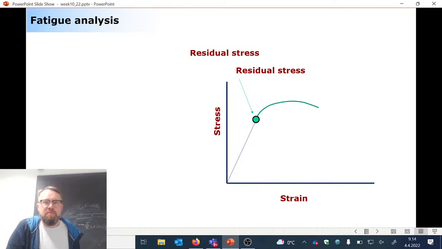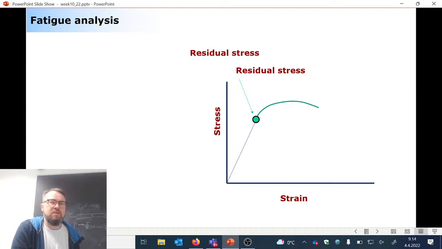Another problem, an equally severe problem associated with welded structures, is the fact that the welding process introduces an awful lot of heat to your structure locally. Because of this heat, there are quite a bit of residual stresses in your structure.